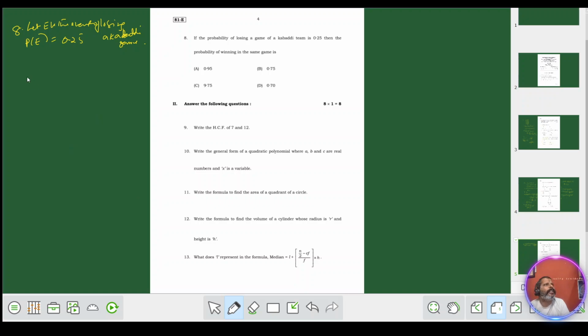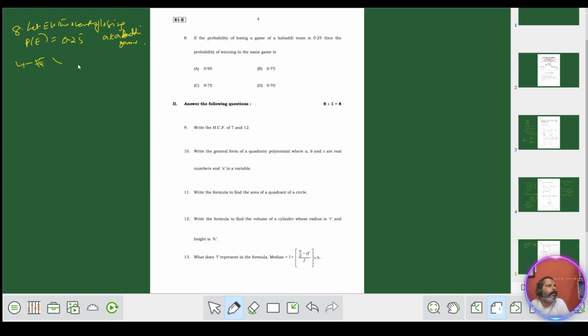Therefore, the probability of winning a game we don't know. So we say let E dash, or E bar, you can call it anything here, be the event of winning a game.